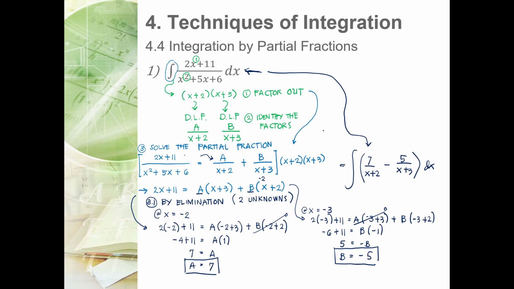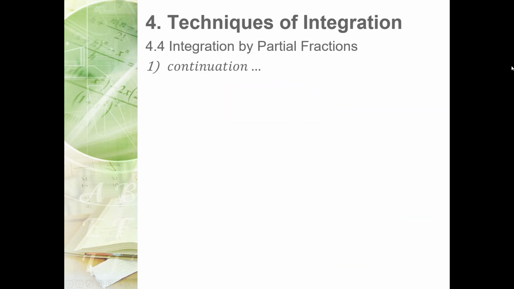So let's try to solve it using the other method, which is by equating coefficients. Let's use another color so that we can distinguish the two methods. So 3.2 now, by equating coefficients.